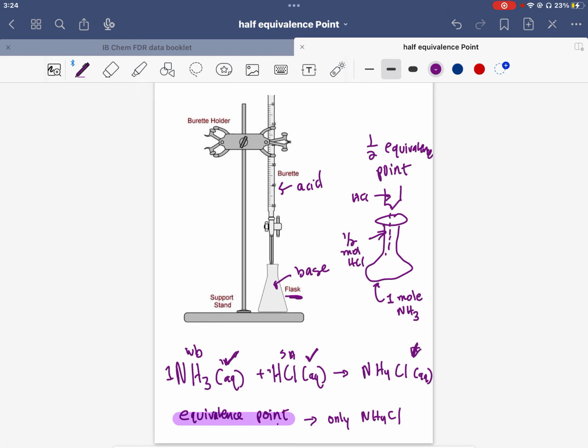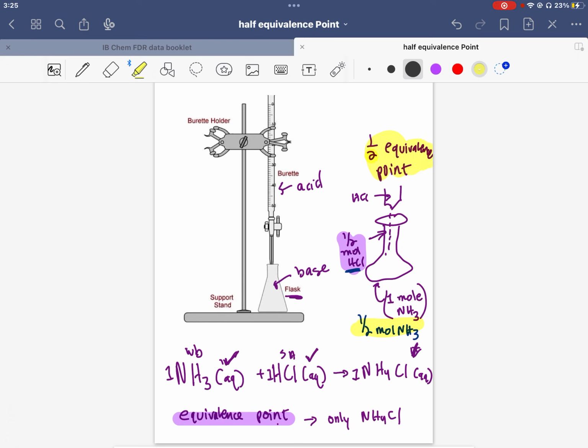Well, my coefficients here are 1, 1, and 1, which is really convenient because when I've added half of a mole of HCl, that means that half of a mole of NH3 has reacted. So when I have added half a mole of HCl, I should have half of a mole of NH3 left. Awesome.